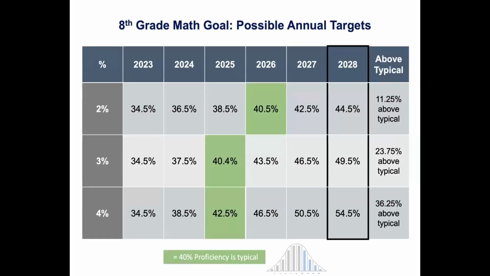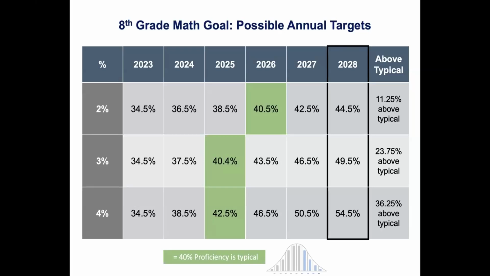So considering that background knowledge, we want to show you an example. And again, after this, we're going to be handing it back to President Holloman, and you can have a conversation around the 2028 goal. But thinking about a reasonable annual target, so remember this is an annual target.